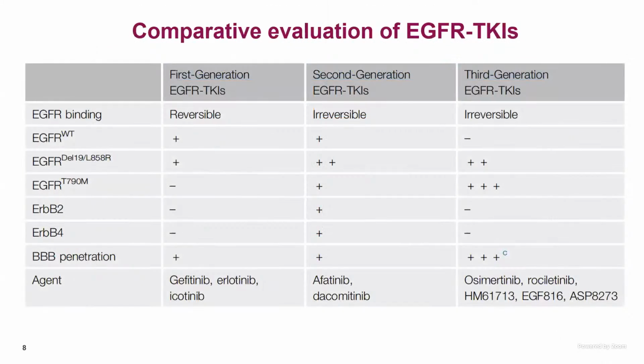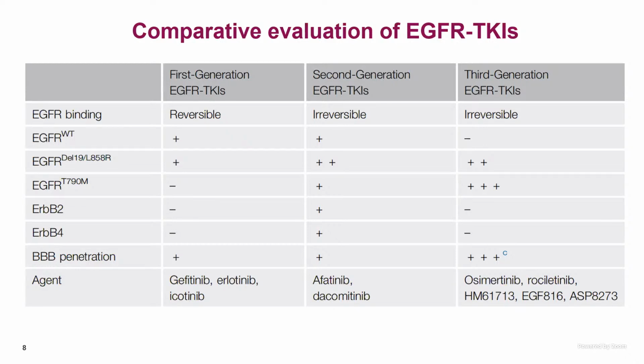So if we just see the first generation versus second and third generation, the best thing about osimertinib is it irreversibly inhibits the EGFR binding. It does not affect the wild type EGFR, and that's what leads to a lesser degree of rashes and other side effects, which can otherwise happen very commonly with the first and second generation TKIs.